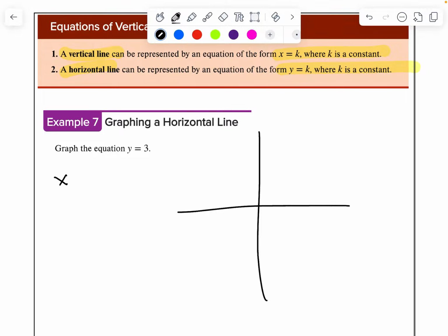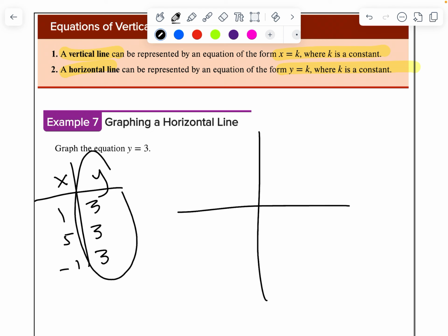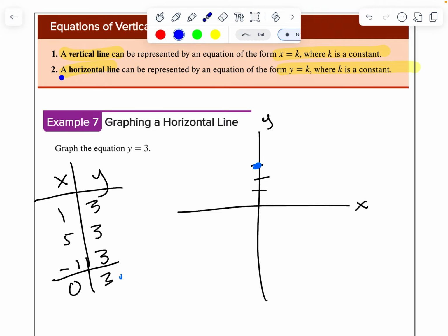If we wanted to, we can make a t-chart, y equals 3. Well, what do we know? We know y equals 3, right? For any point, y equals 3. That's what our equation tells us. If I go to y equals 3 and put a point, that's the point 0, 3, and I said above that a horizontal line is always going to be y equals a number.